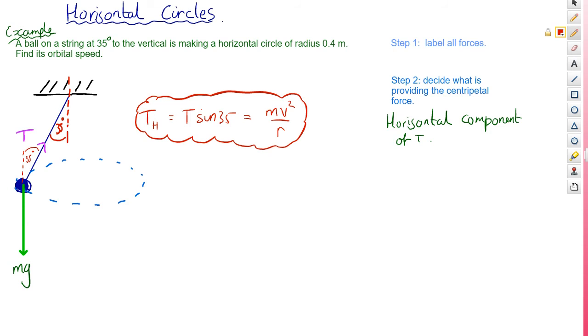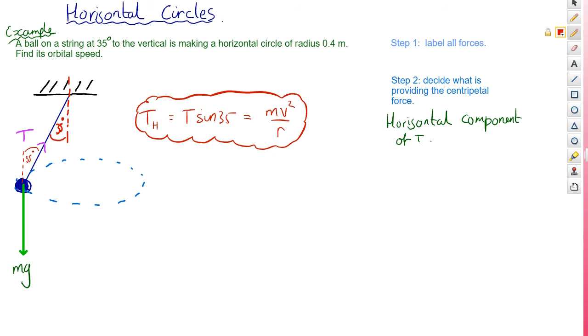Well, we know that vertically the ball is not moving. Vertically it's at rest. It's not moving up or down. It's not accelerating up or down. It's not moving at constant velocity up or down. It's just stationary, and the forces are therefore balanced vertically.